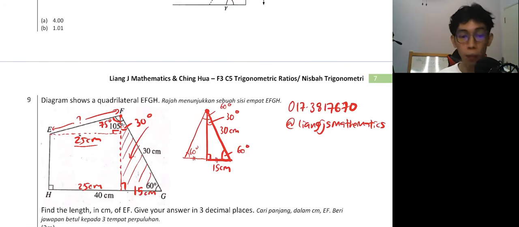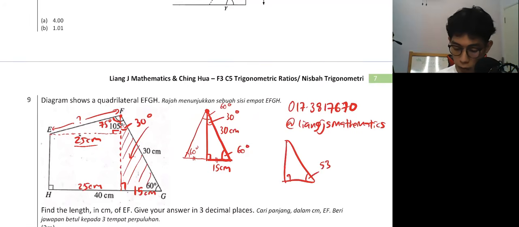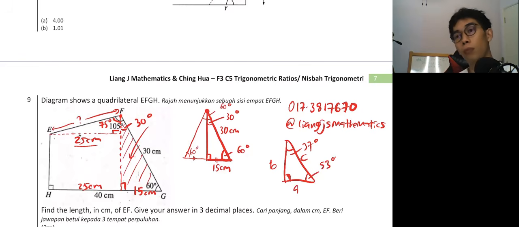If, for example, I give you a 53 here, of course quite obvious the remainder will be 90 minus 53, which is 37. So let's say I give you A, B, and C. You want to use 37 to start, or maybe 53 to start, it's up to you.